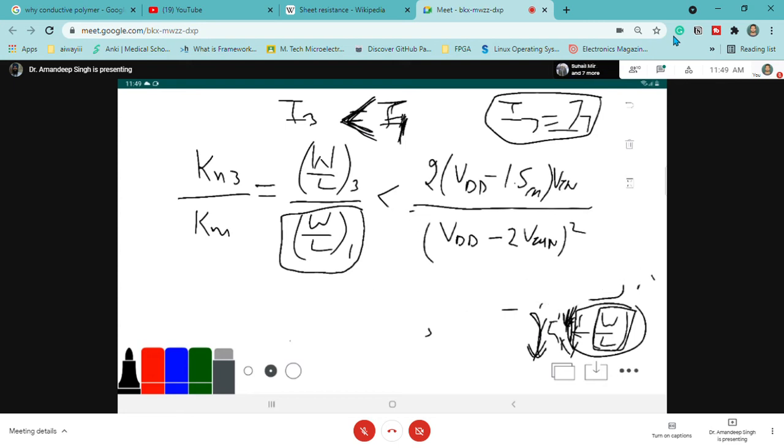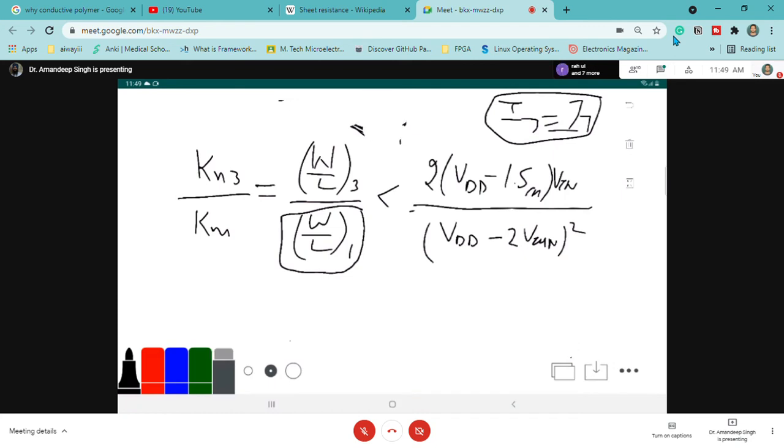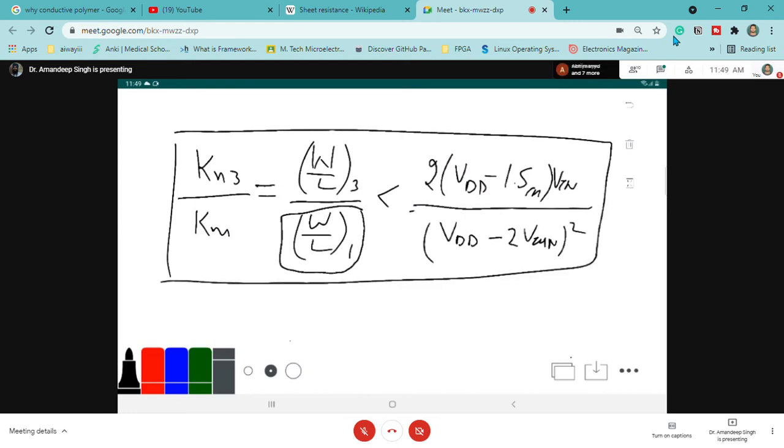This equation you need to remember in order to ensure that your VQ should not go beyond V threshold of N. I am putting this mark. Why? Because when the W by L ratio goes on the right side, it should be greater. So what I mean to say, W by L ratio of M1 is greater than W by L ratio of M3, so that your voltage at node Q should not charge, should not go beyond V threshold of M2.